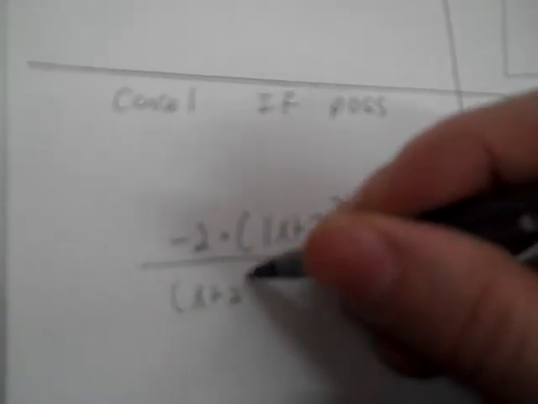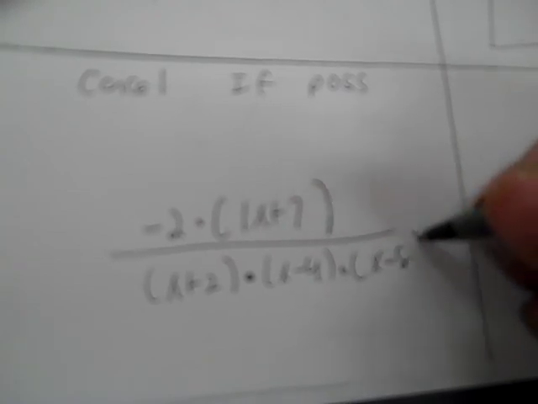So I put what I ended up with, so negative 2 times 1x plus 7. And then I write what was in my denominator here. Okay, so x plus 2 times x minus 4 times x minus 8. None of these parentheses end up the same, and negative 2 is the only outside factor, so that's done.